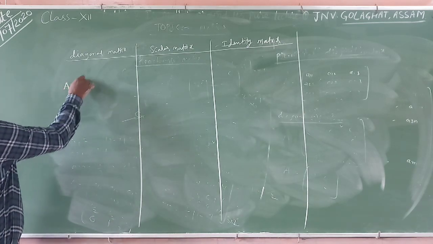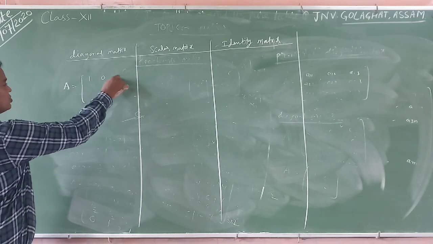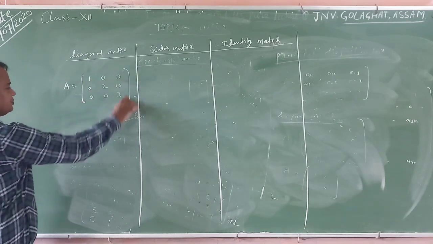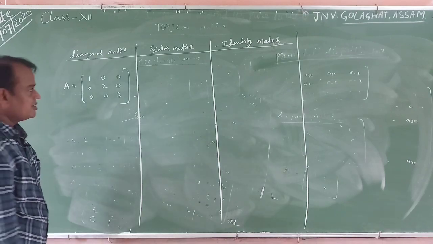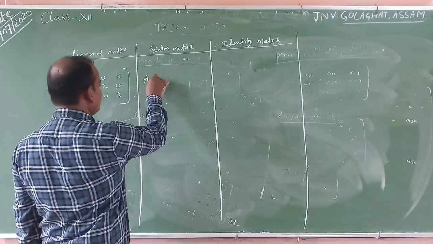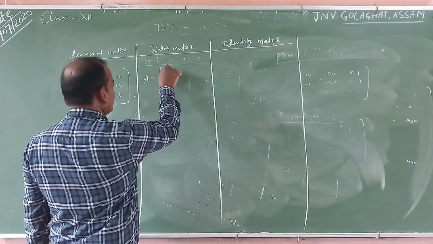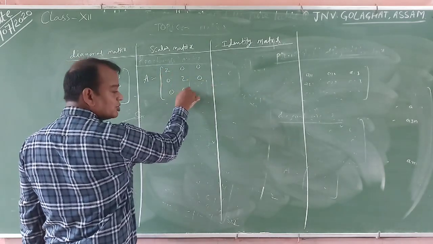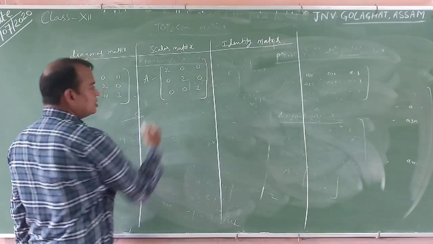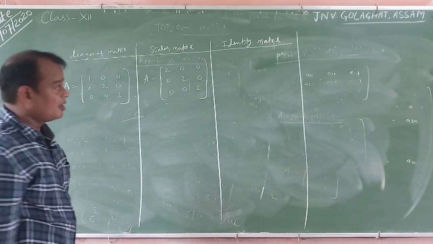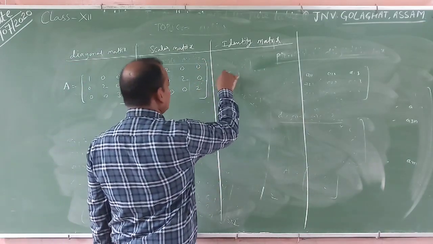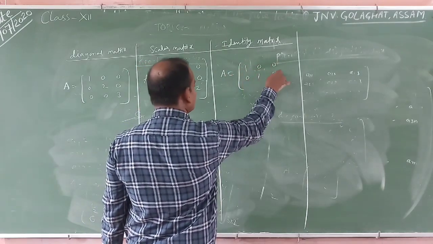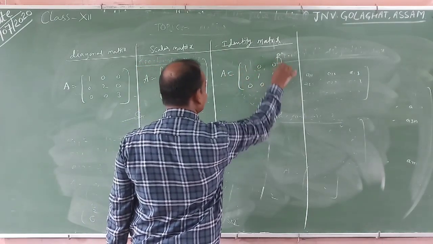For example, A is equal to 1, 0, 0, 0, 2, 0, 0, 0, 3. This is one. Next, again take the example 2, 0, 0, 0, 2, 0, 0, 0, 2. This is the example for a scalar matrix. Now again we take 1, 0, 0, 0, 1, 0, 0, 0, 1.